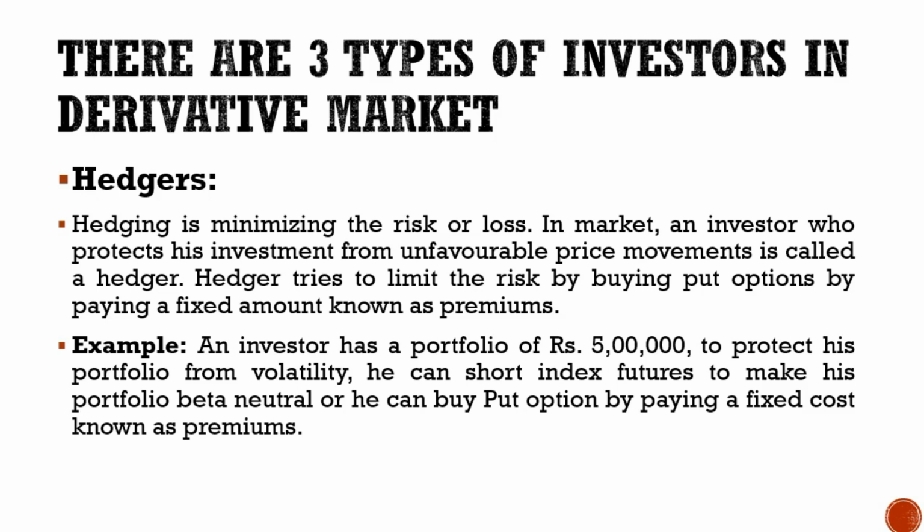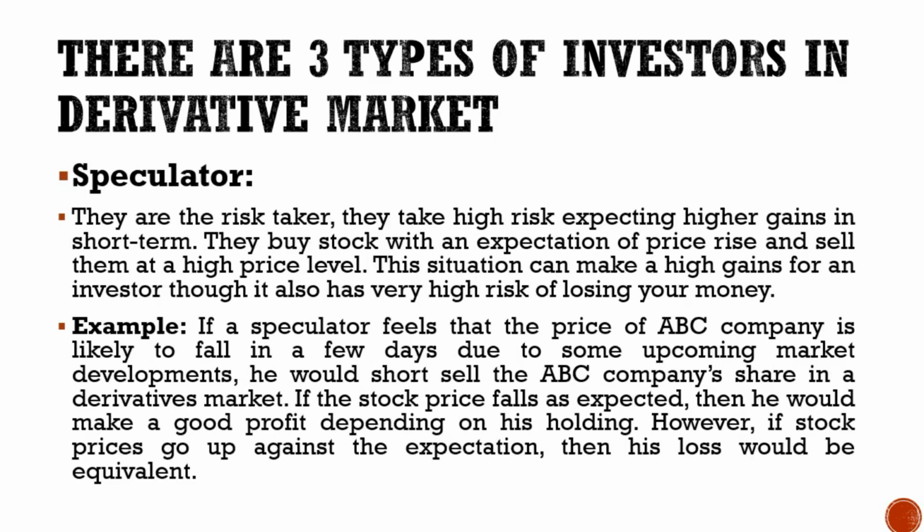Now the third type of investor in the derivative market is known as the speculator. Who are speculators? They are the risk takers. They take high risk, expecting higher gain in the short term.